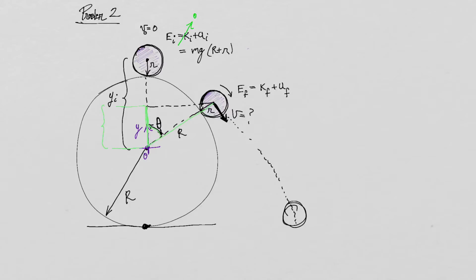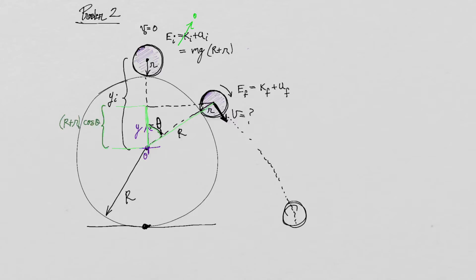That's little r plus big R. This green is a little bit hard to see, so let me make it a little darker. Okay, so this distance that we're interested in, give yourself a second and see if you can figure that out. Okay, you should have found that that distance is big R plus little r times cosine theta.